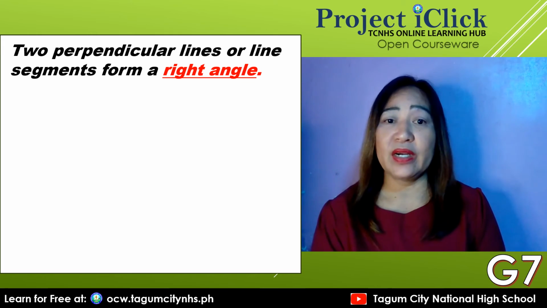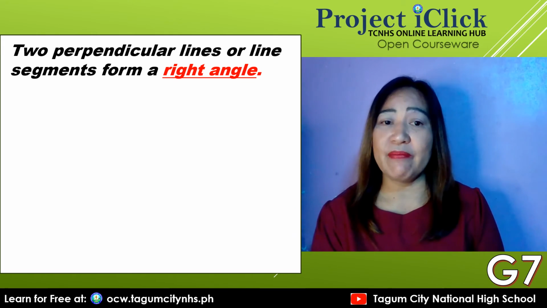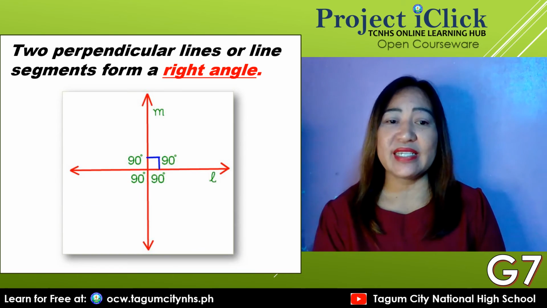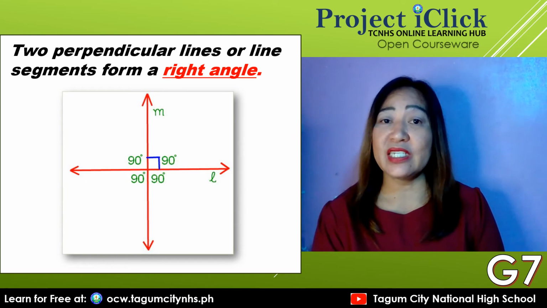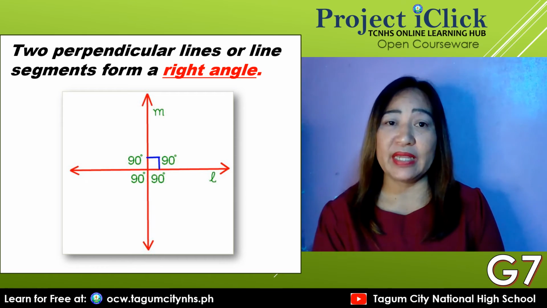Two perpendicular lines or line segments form a right angle. So this is an example of two perpendicular lines. Two perpendicular lines form four right angles.